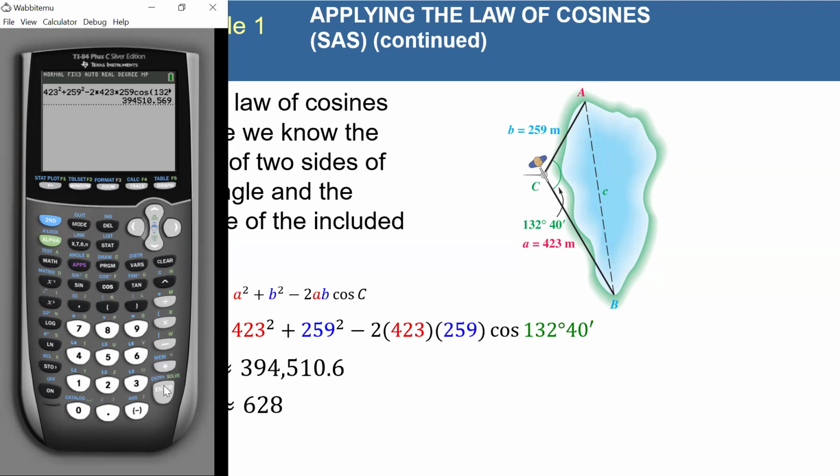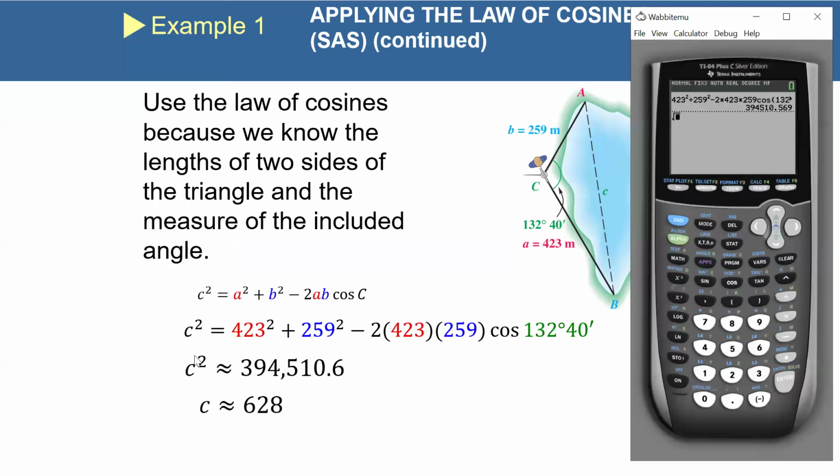And you want C, and it's C squared. So I have to take the square root. So I'm going to take the square root of this value, because it's C squared and you just need the value of C. The formula is C squared. So in order to get C by itself, what do I need to do?